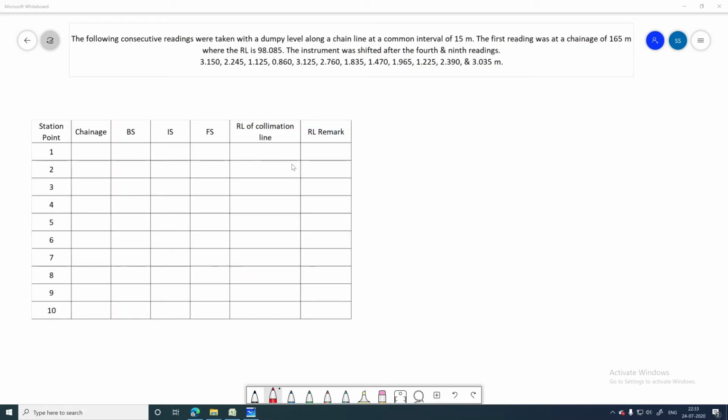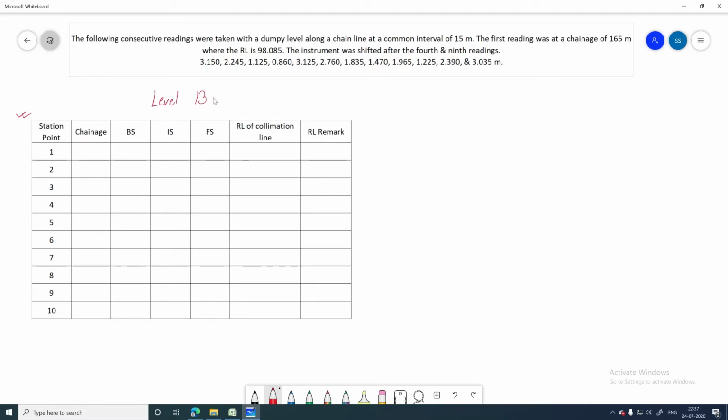Previously in the chapter leveling we did curvature correction and solved some problems, and in the last class we did reciprocal leveling and solved some related problems, right? Today we will do the main important topic of this chapter, that is leveling. Here you can see a table is given. Actually this table is already printed in the level book.